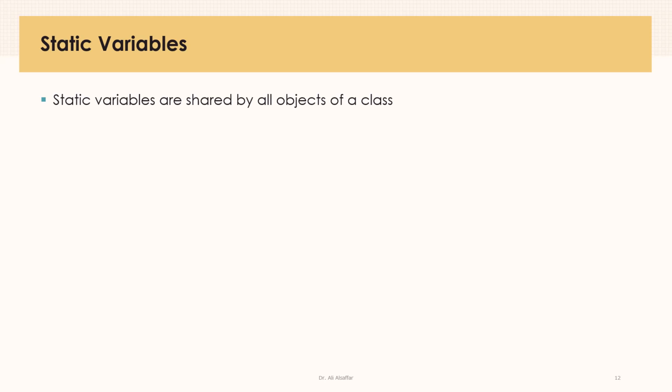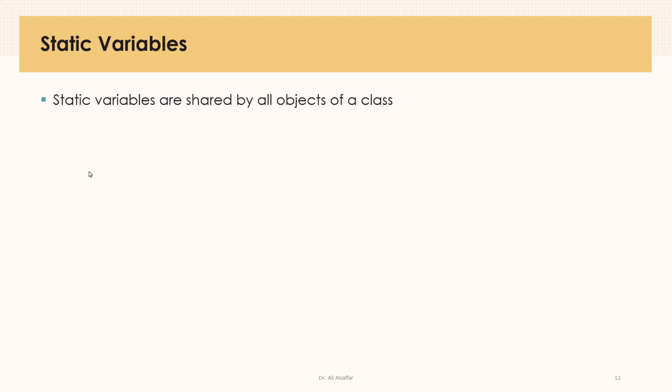And this is what happens for a special class that we are going to study, the Math class. This Math class has static variables as well as static methods. So there is no need to create an object if you want to use this class. Simply say Math dot, for example, abs, which is the absolute value, because it is defined as static.